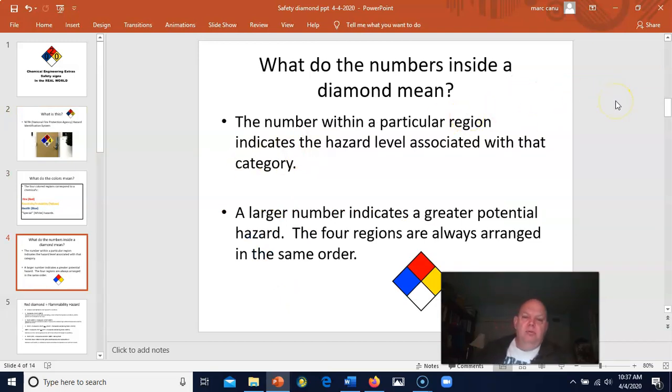Okay, the numbers. What's up with the numbers? Well, it tells us the hazard level that's connected with that category. The larger the number, the greater the potential hazard. The smaller the number means there's less hazard. Now, when you look at a diamond, they don't have to be in those colors.